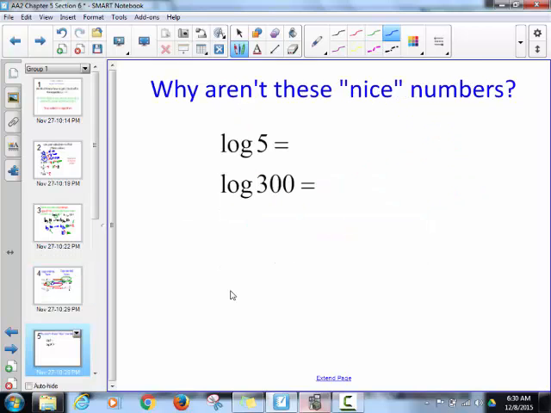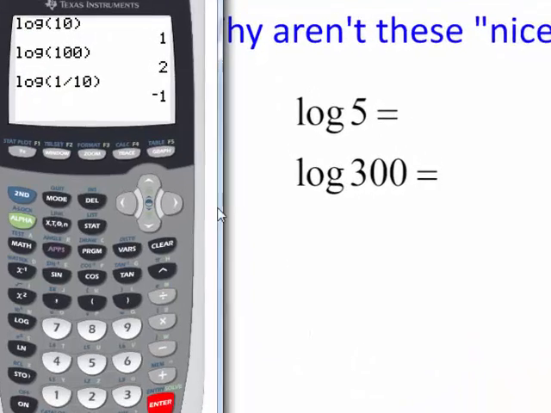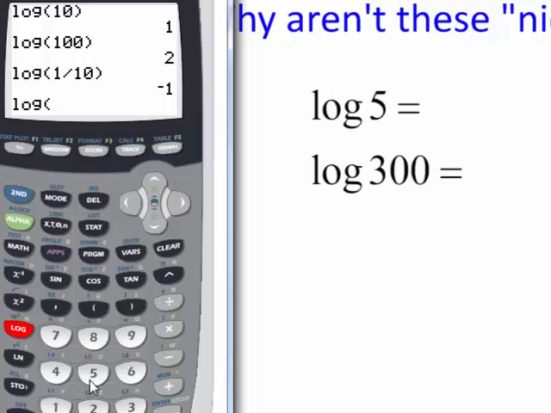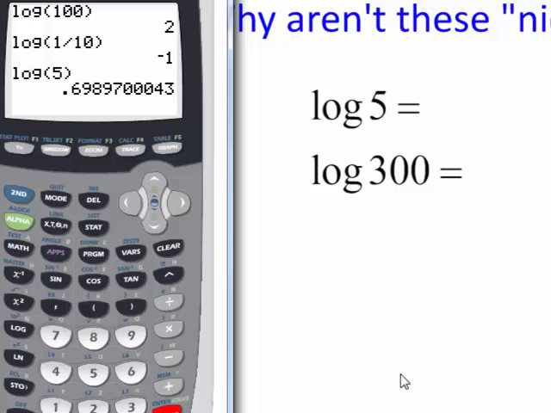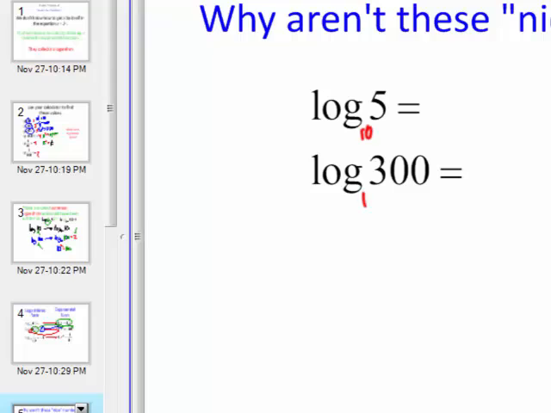So why aren't these nice numbers? If I took the log of 5. So let's think about that. If I go the log of 5, I get some decimal. What about the log of 300? 2.47? Well, because think about this. The log of 5 is saying, remember it's an imaginary 10 that we don't see for the base.